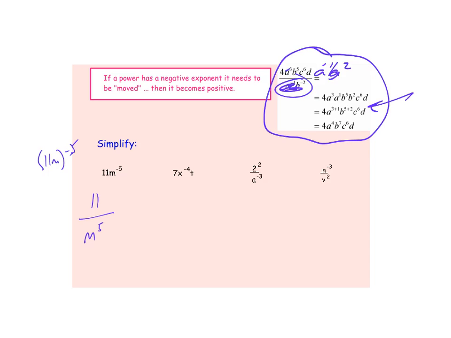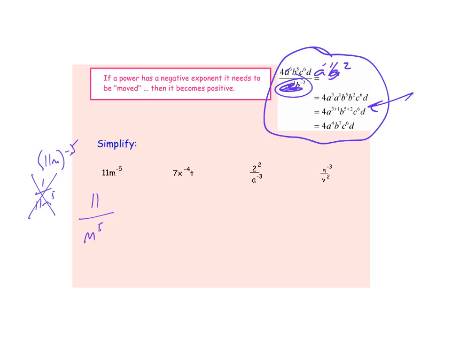And so that makes it just a different answer than if we were to write it as 1 over 11m to the 5th, of course, which is incorrect here because there weren't the parentheses, okay? And so keep that in mind, that you do, again, need to be aware of those parentheses.